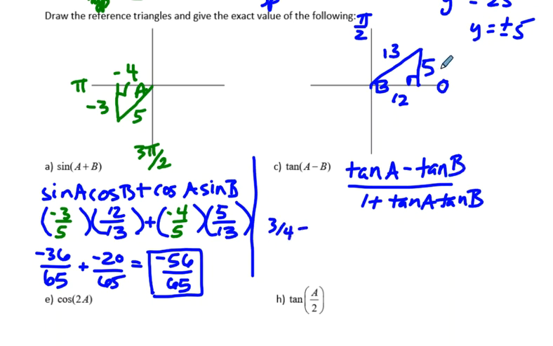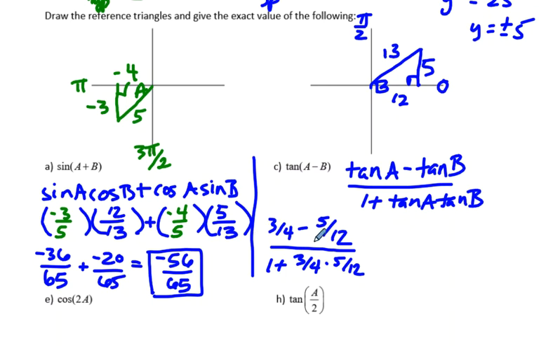Tangent B, opposite over adjacent, 5/12. And let's see, 1 plus 3/4 times 5/12.